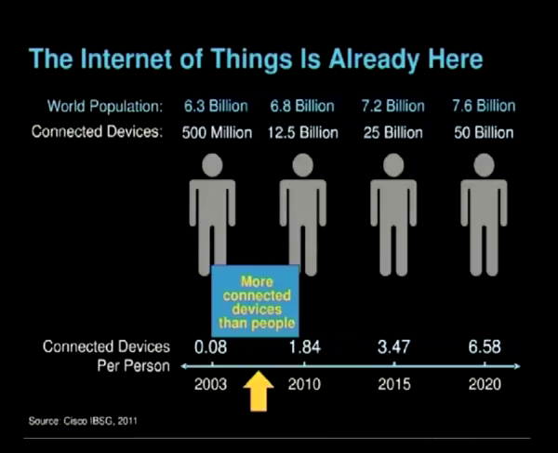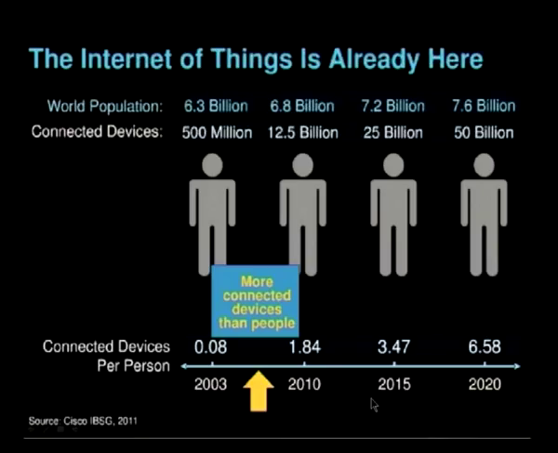Is it possible? Yes, it is possible. See, according to the prediction in 2015, per person you will be having 3.47 devices connected to an individual. Now, it is 2013. How many devices are connected to you? You are having your wristwatch, in which some of the connectivities are possible.